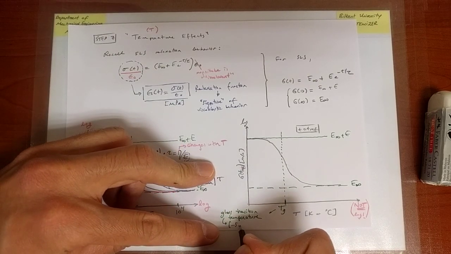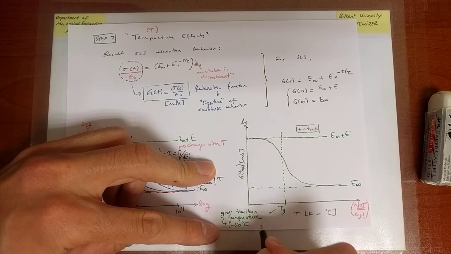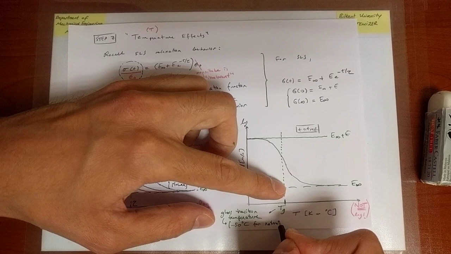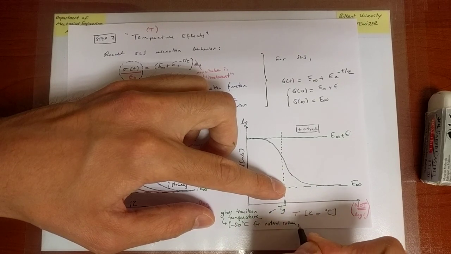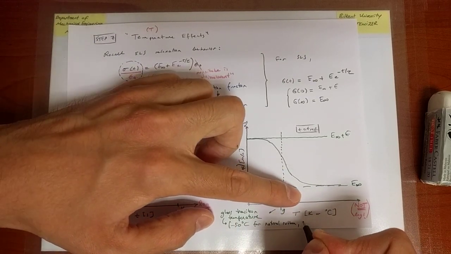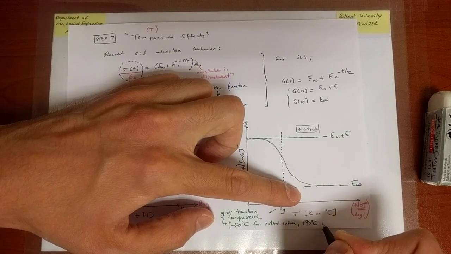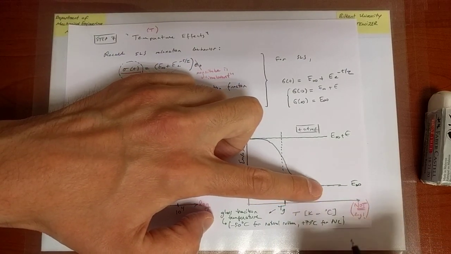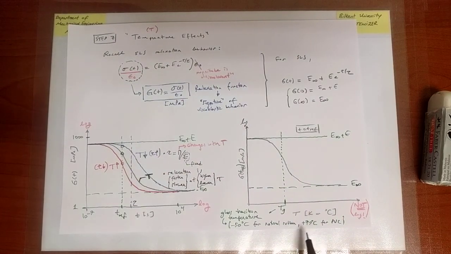It could be, for instance, about minus 50 degrees Celsius for natural rubber, or it could be as high as plus 70 degrees Celsius for something like PVC that is typically employed in daily life. So the range could be very high.